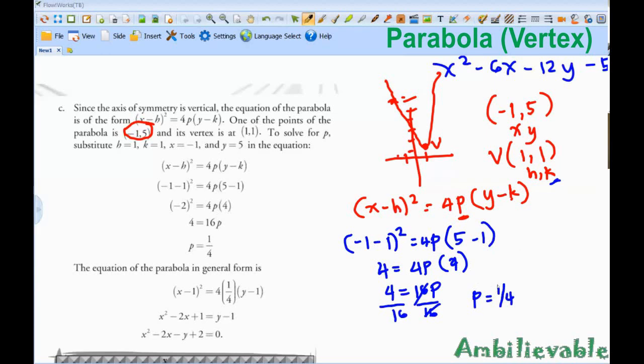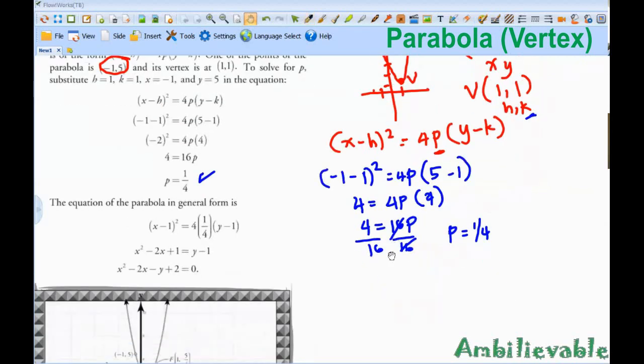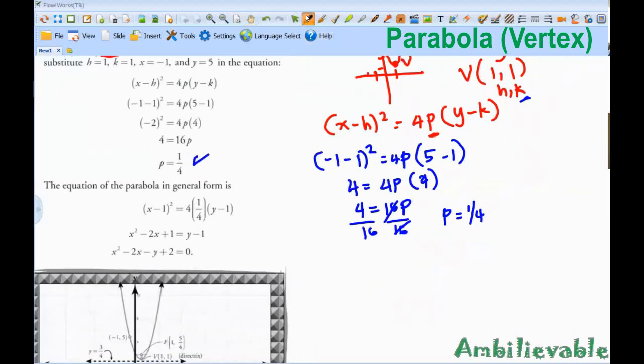So we have this here as the formula of the p. So let us substitute to our formula: x minus h squared, which is 1 squared, is equal to 4 times 1 over 4, because p is 1/4, times y minus k, the k is 1. So we have to expand this.